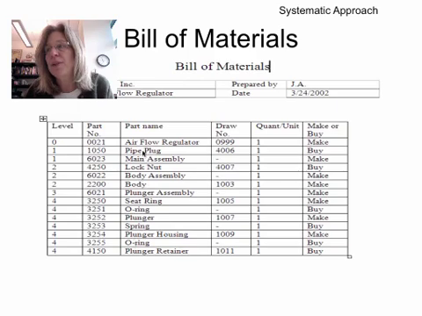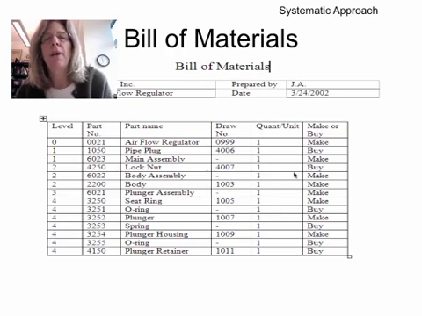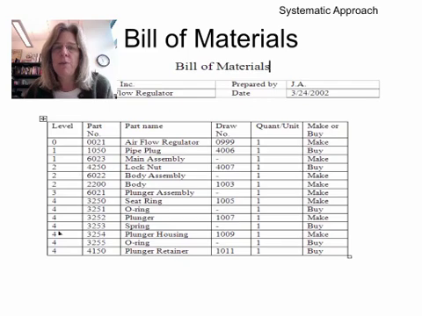Some of these could go into this. So you can't really tell from the bill of materials how it's actually assembled. But it also has in here the drawing number, the unit quantity, and the make versus buy. Again, these items are not always the same. Those are not always what shows up on a bill of materials. But what will always show up are the levels and the part numbers.